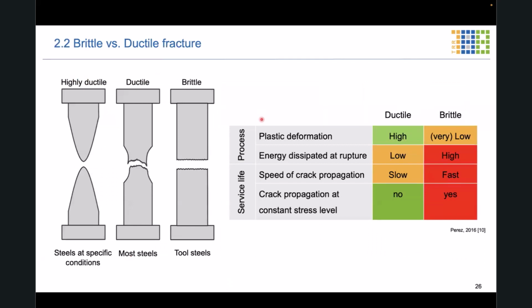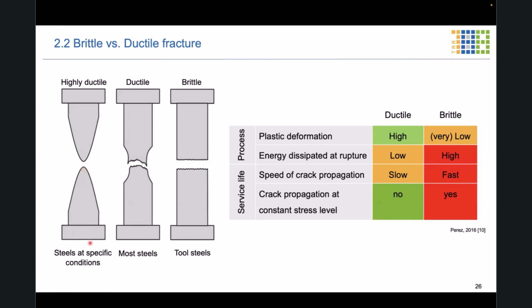A highly ductile material will show a very pronounced necking before failure, and finally this necking, which is a reduction in the cross section due to the extremely high ductility of the material, will continue until the remaining cross section is 0. So we do not even activate the mechanisms of void initiation, nucleation, growth, and coalescence.